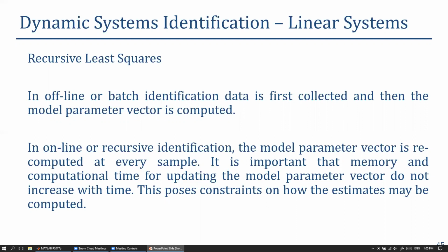Now imagine that the system is changing all the time. If we need to identify, for example, the mass of a vehicle which loses its mass due to the burning fuel, we would need to constantly measure some signals, put them into matrices and invert the matrix, which means that the phi transposed phi matrix would grow with time, and it would be computationally expensive to invert it every sample time.